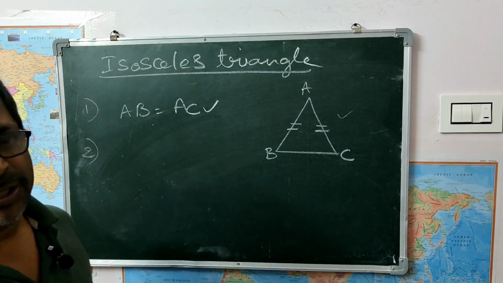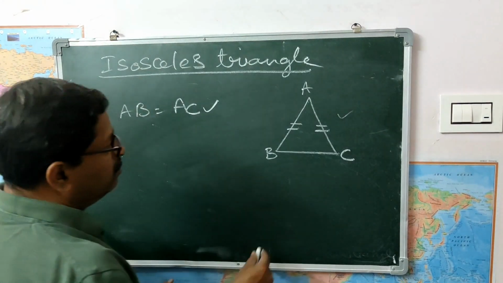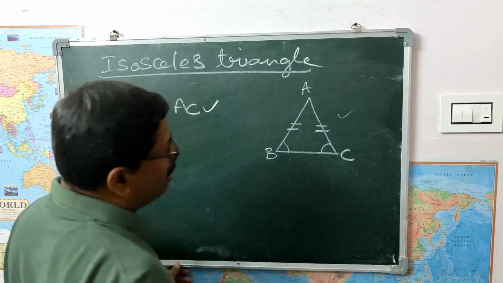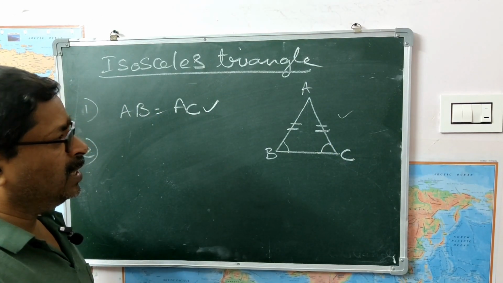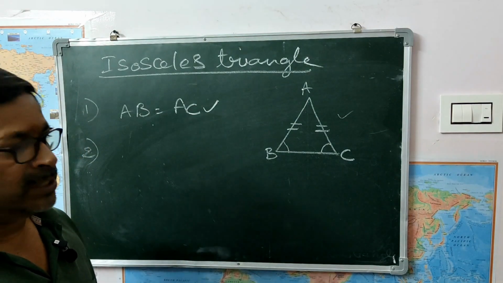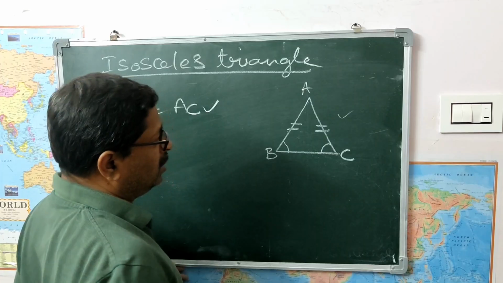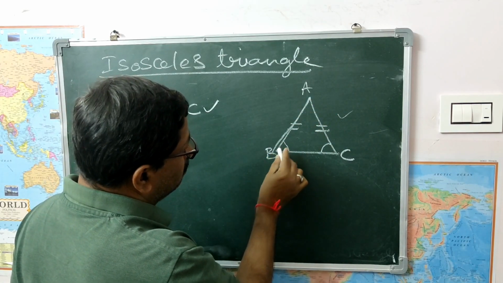And what properties can you bring out of this? See, these angles B and C are the angles opposite to the equal sides. AB and AC are the equal sides. What is the angle opposite to AB?